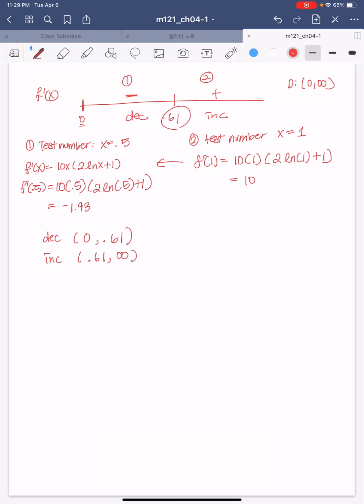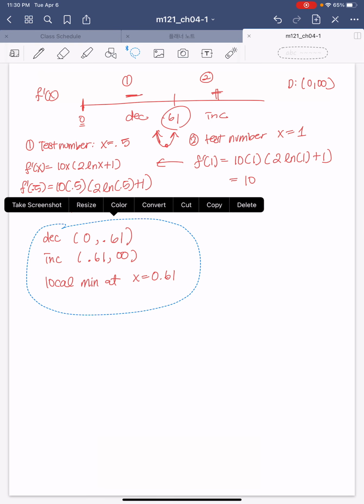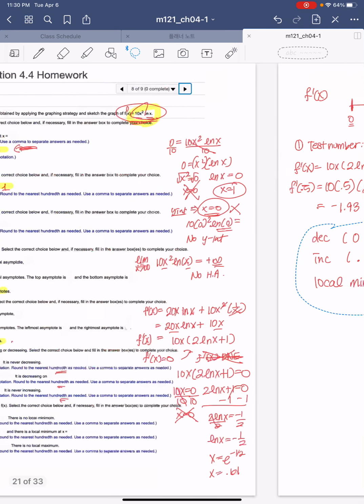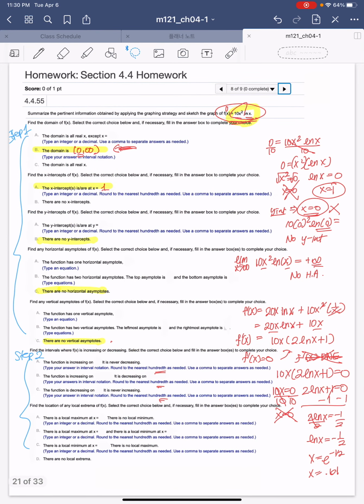This one is our critical value, our sign switch, decreasing to increasing, so it looks like a local min at x equals 0.61. So I'm gonna copy all this and then answer the next two questions.